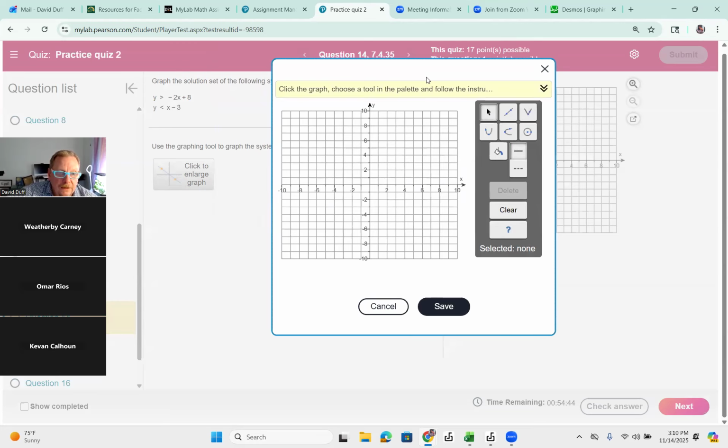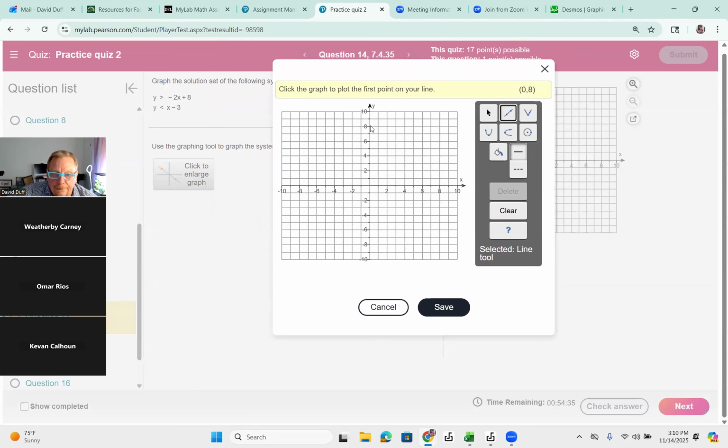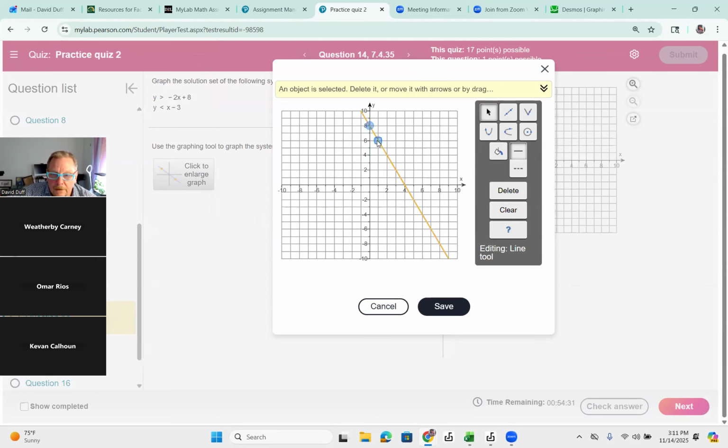So the first line is a slope of negative 2 and a y-intercept of 8. I'm going to plot my y-intercept first, and I'm going to count down 2, right 1. Then I'm going to make sure it's dashed. That's your first line.